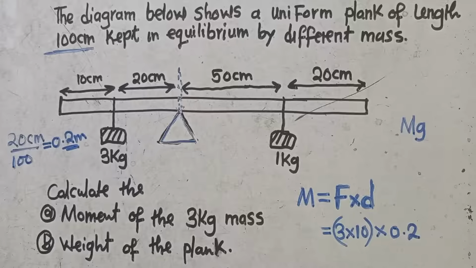The 30 that you get multiplied by 0.2, you need to get 6. So the answer that we are getting here, when you do all your calculations, you need to get 6 Newton meter. This is the moment of the 3 kg mass. This is what you are supposed to do.